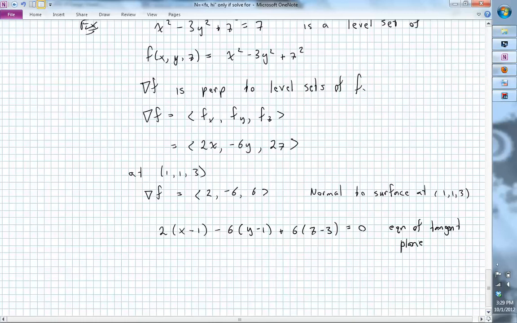That's the equation of the tangent plane. You've done this before, but again, the gradient let us avoid solving for z. But if you wanted to, you could solve for z and use the formula that was in the previous section. Questions about that?